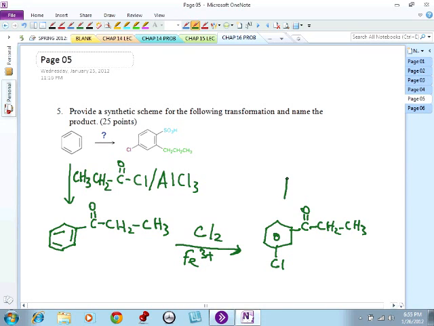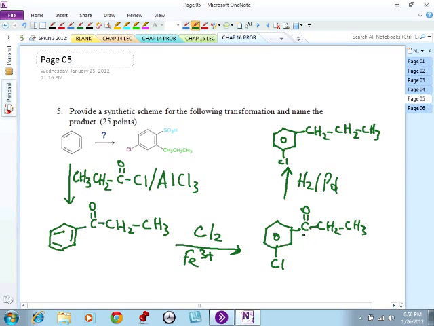Now you did catalytic hydrogenation of the ketone, and that gives you the propyl group here.